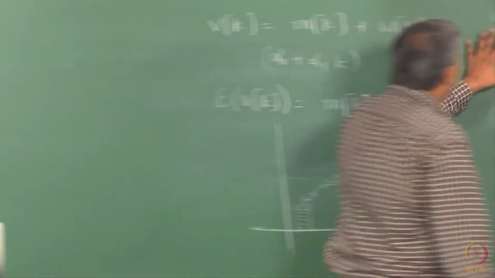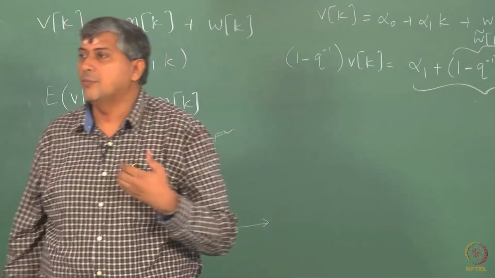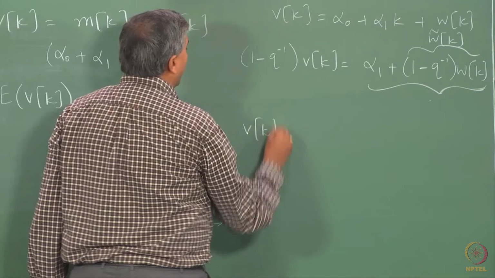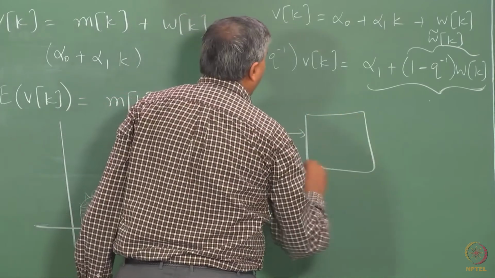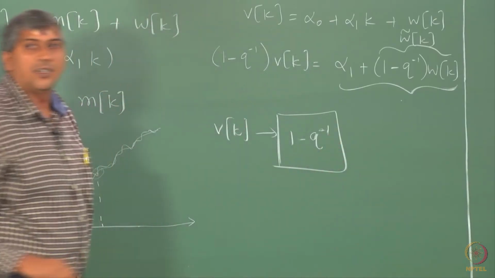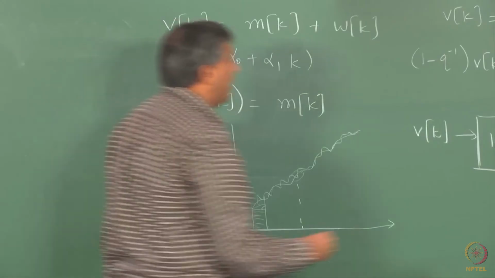Remember this differencing operation, this 1 minus q inverse. What we are doing is we are passing Vk through an operation called differencing, whose transfer function operator is 1 minus q inverse, and then we get this.